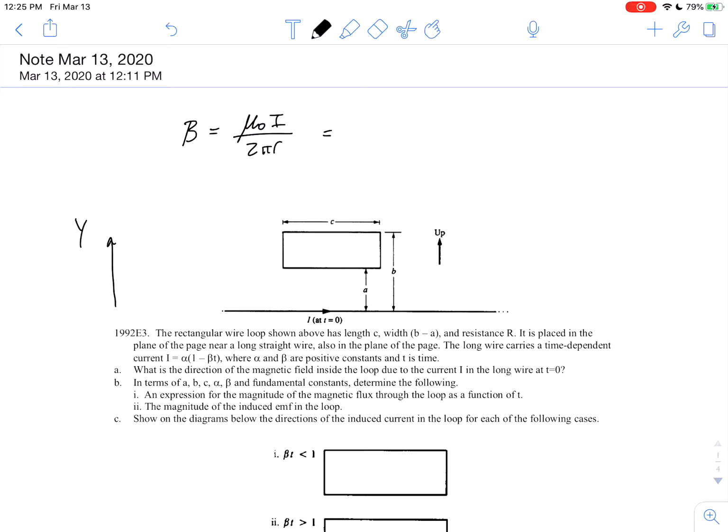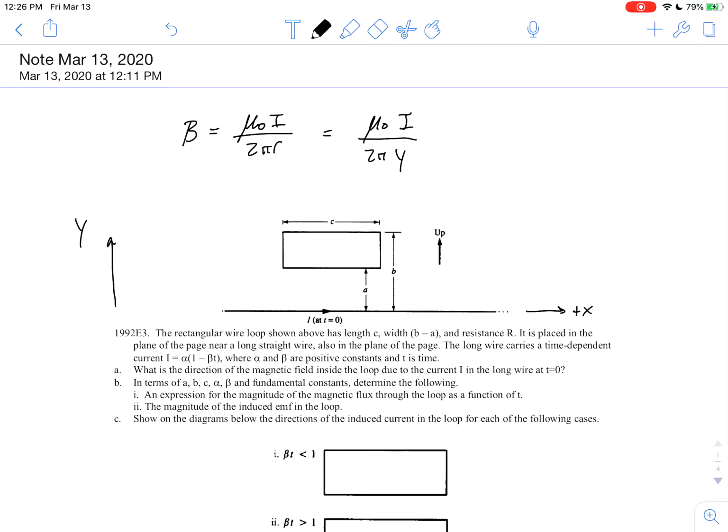The current is going to change with time, so I'm actually going to leave it as I, and then at the very end of this, I'll plug in that equation for I, so I don't have to keep writing that out every time. But then we are going to replace this r with y, because I'm saying up is the Y direction. And then to the right would be the X direction.